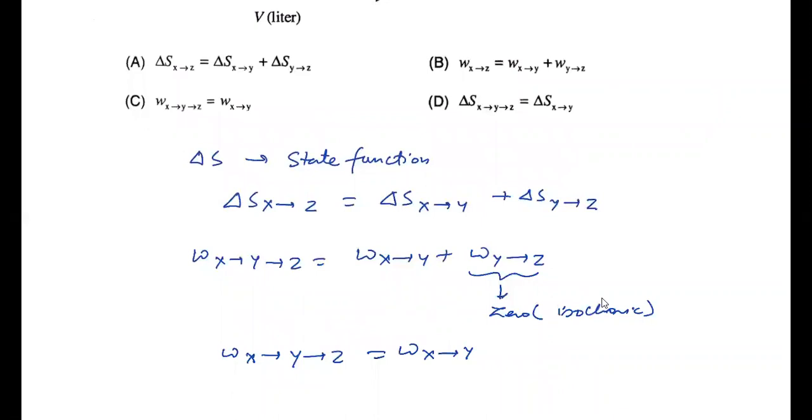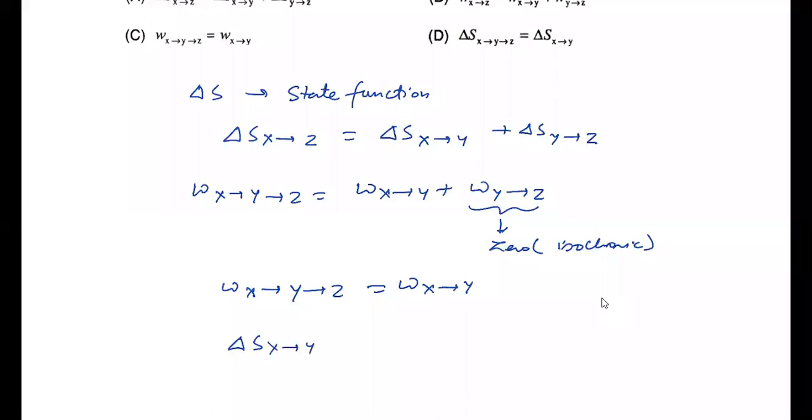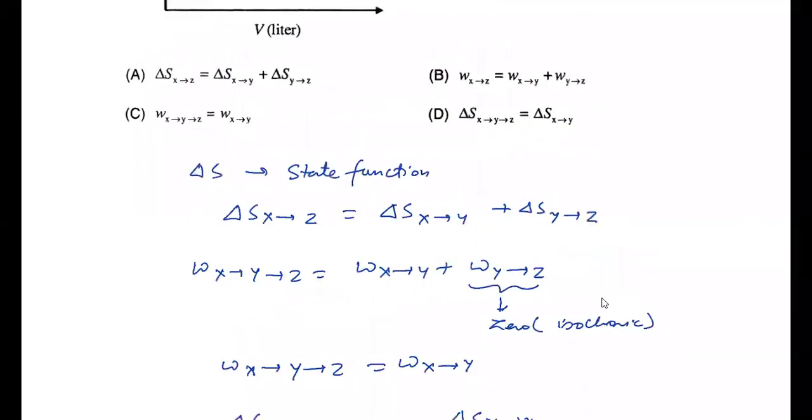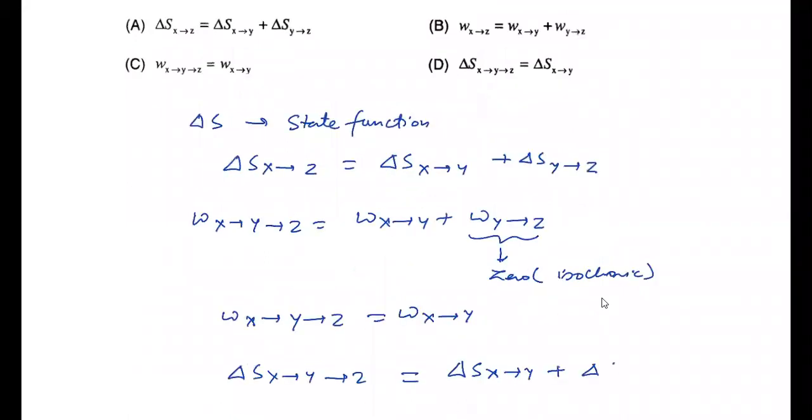But in case of entropy, you can't say that, because the entropy change from X to Y to Z cannot be the same as the entropy change of X to Y. Because it is a state function, and the initial and final states are changed, the entropy change will be different. So delta S xyz cannot be equal to the entropy change of X to Y. If we write the equality, it is X to Y plus Y to Z, and the other term is not 0.